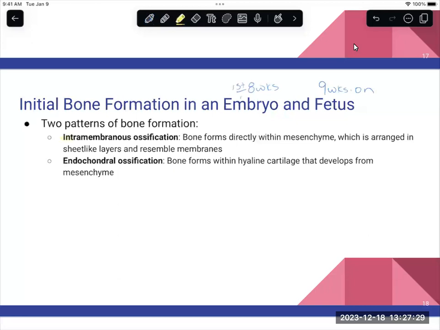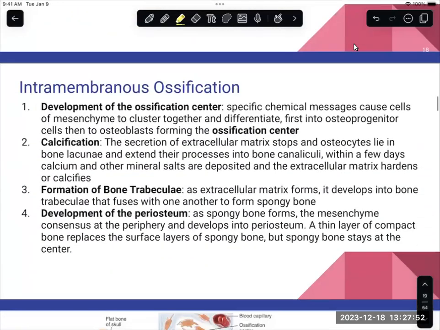We're going to have that intramembranous ossification. That's bone that forms within that mesenchyme. And then we have endochondral ossification. That is bone that forms from hyaline cartilage. So we build bones both ways.